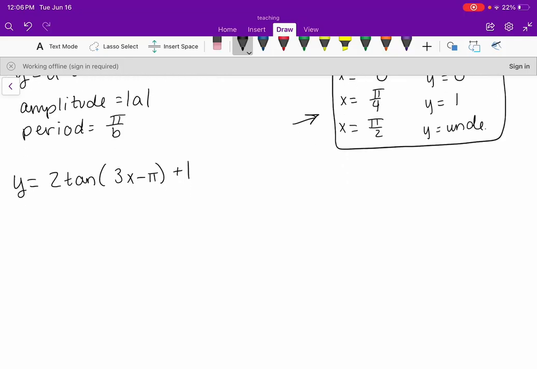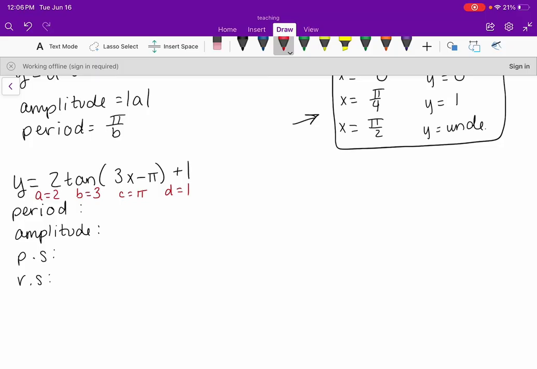So when I transform my x values, I'm still going to do my period and amplitude and everything just like I did with sine and cosine. So it's amplitude, my phase shift, my vertical shift. I'm still going to label my A, B, C, and D. So period would be pi over B, so here that would be pi over 3.